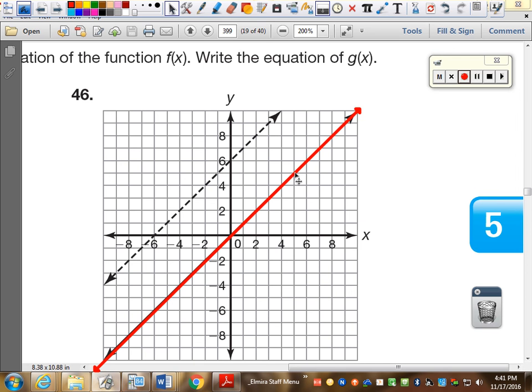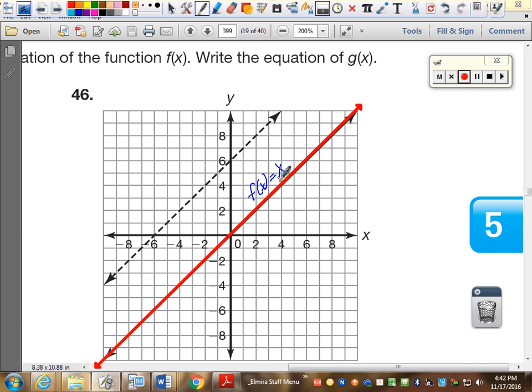This line, I could say, oh, it moved 6 units left, or I could say it moved 6 units up. What's helpful to know, and the directions don't tell you this, you have to figure this out, is that the original function is f of x equals x.